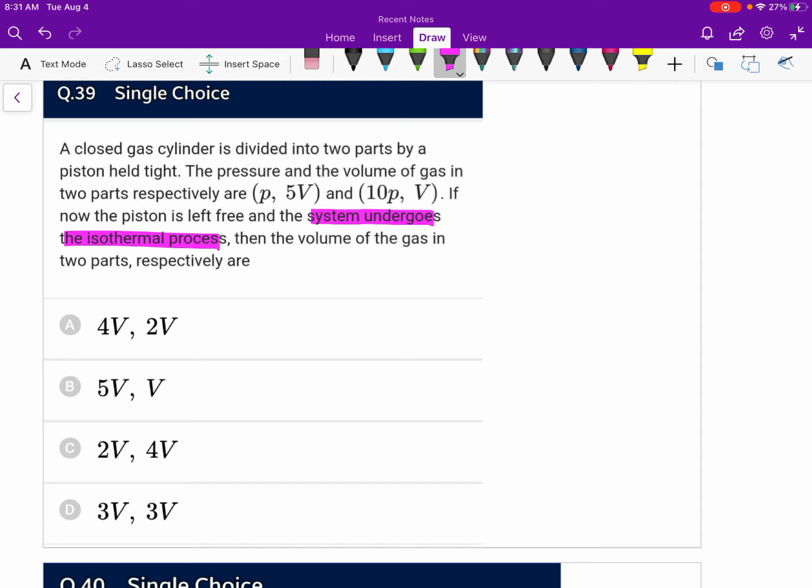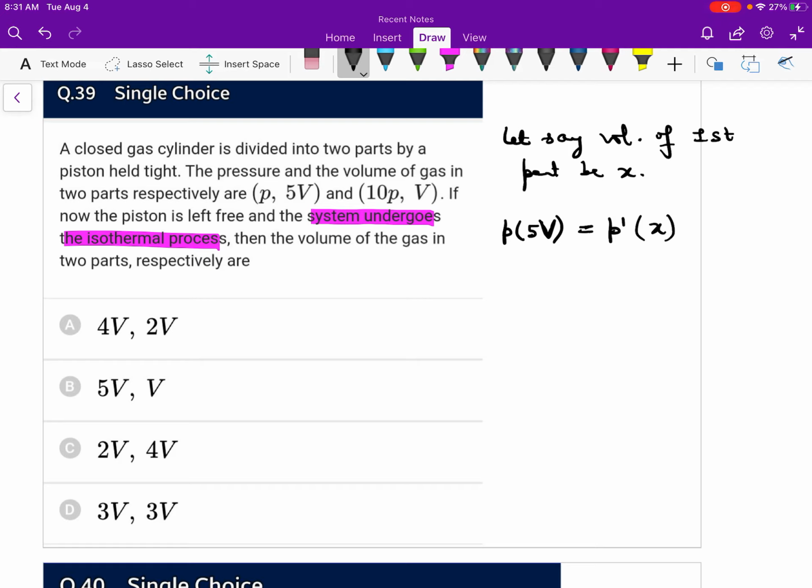Okay, so let's say the total volume is 6V, and let's say the volume of the first part becomes X. For the left compartment, PV equals nRT, so P1 V1 equals P2 V2, as the number of moles and temperature remain the same. So P into 5V is equal to P dash into X.